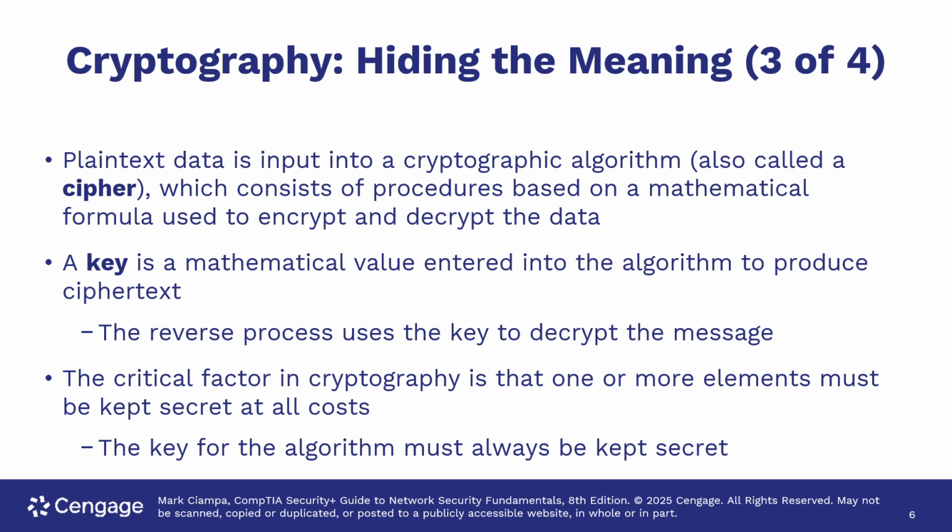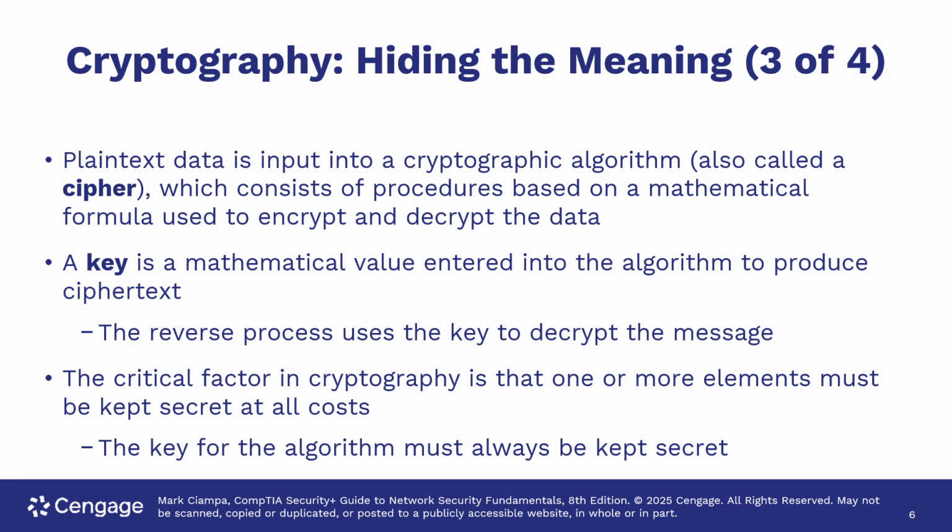So plain text data is input into a cryptographic function, also called a cipher, which is a series of procedures based on a mathematical formula used to encrypt and decrypt the data. It uses a key, which is a mathematical value entered into an algorithm to produce that ciphertext.